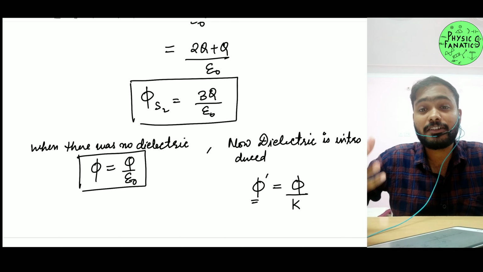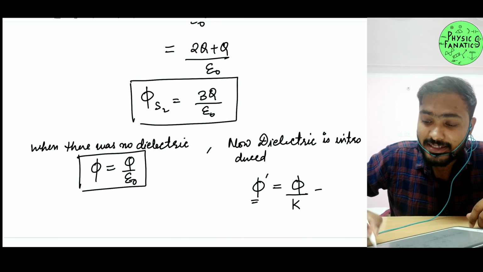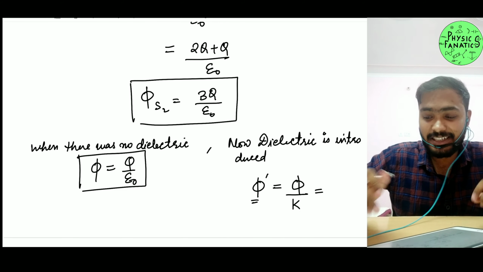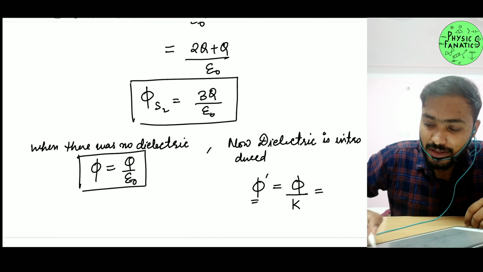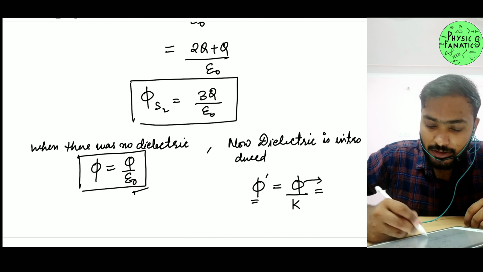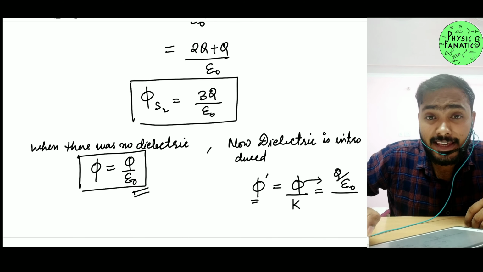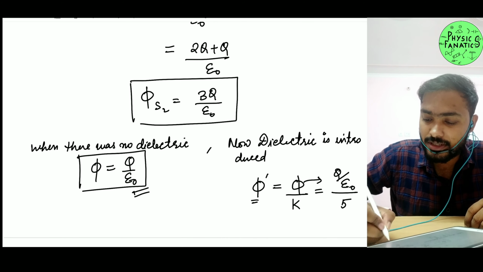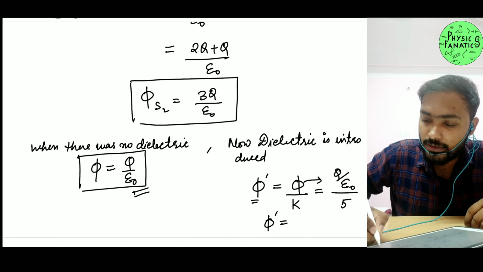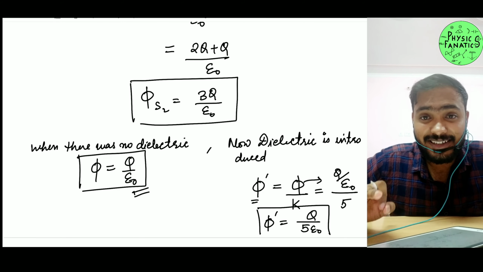So your original phi was Q upon epsilon naught, divided by K. The value of K is 5 for this question. That means your new phi dash will be equal to Q upon 5 times epsilon naught, right? I hope that is understandable. Is that a yes or no?